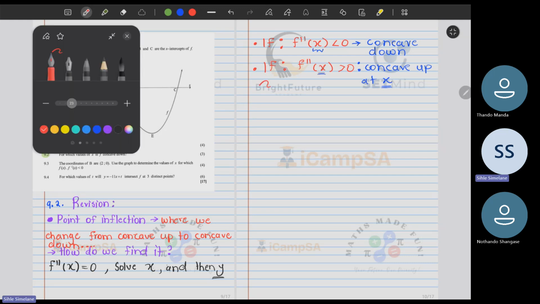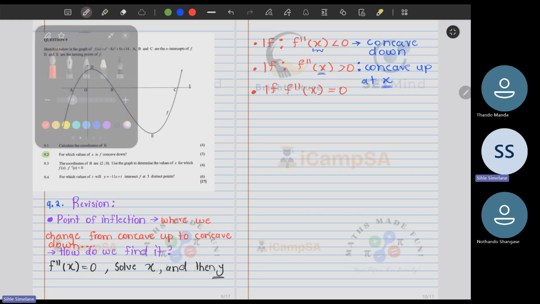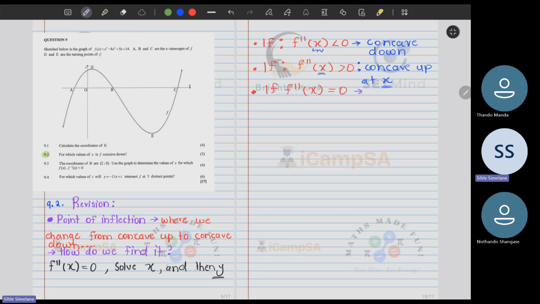And then, what we spoke about on the previous page, if our second derivative is now equal to 0, where we are at now is where we call this the point of inflection. So on the left of the point of inflection, we are either concave down or concave up.